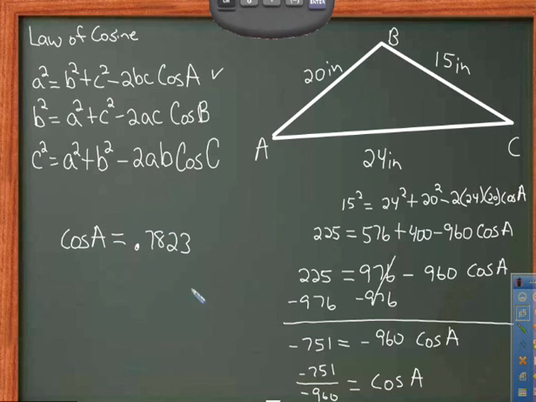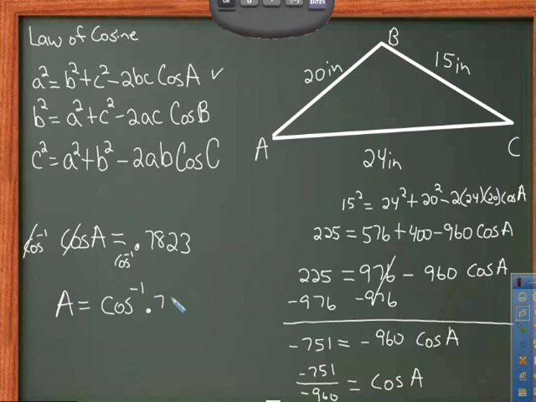We're trying to find the angle. When we were doing the law of sines, I told you that whenever we're trying to find the angle, use 4 decimal places. Now take the inverse of cosine, inverse cosine, to get rid of the cosine. Anytime we're finding an angle, we have to use an inverse of a trig function.